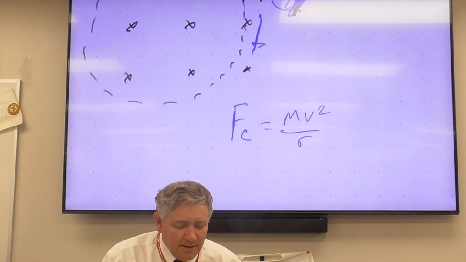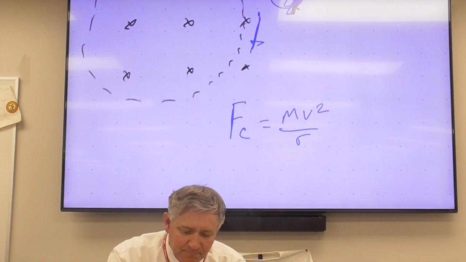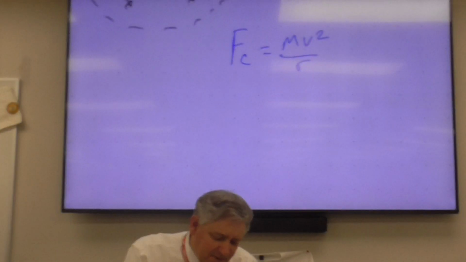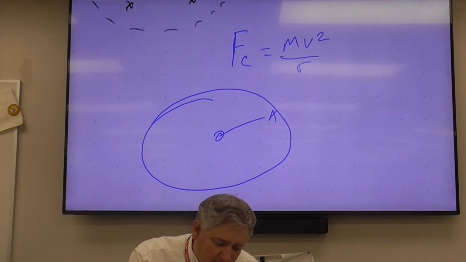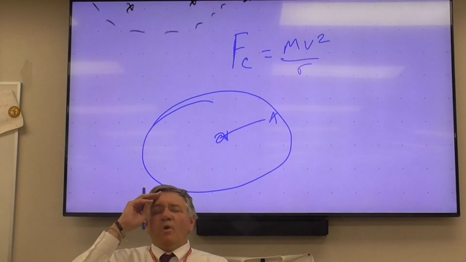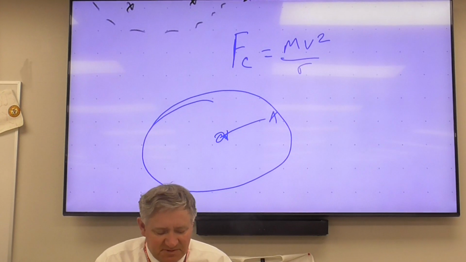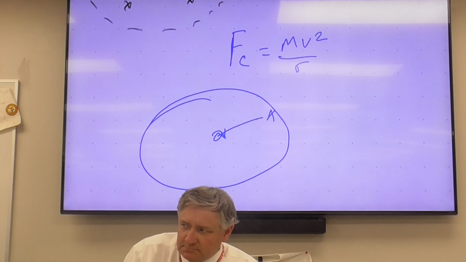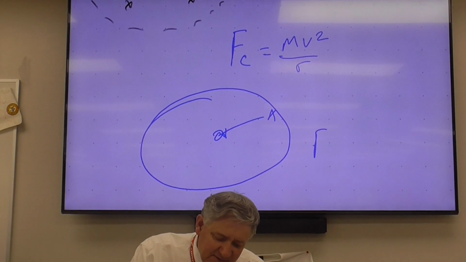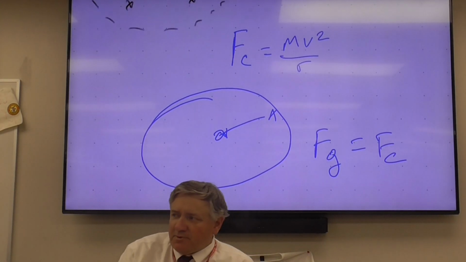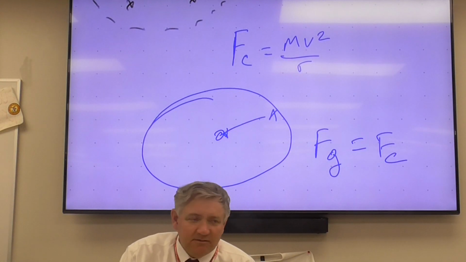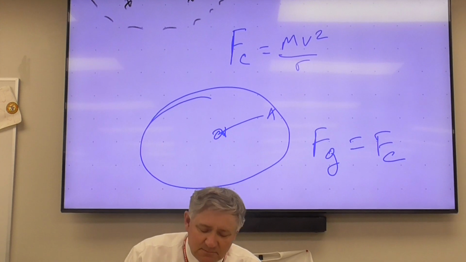Now, remember when we did planetary motion way back in the day? What created the centripetal force to keep the planets in motion? Gravity. And you said the gravitational force was equal to the centripetal force, right?